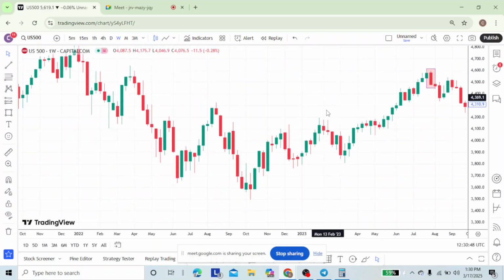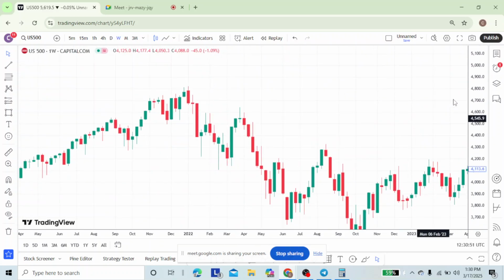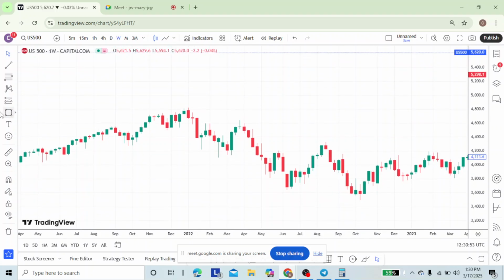So this is how you identify this candlestick, by interpreting what they are telling us. This is another bearish Marabozo. So we need to know how they look and the information they are telling us.